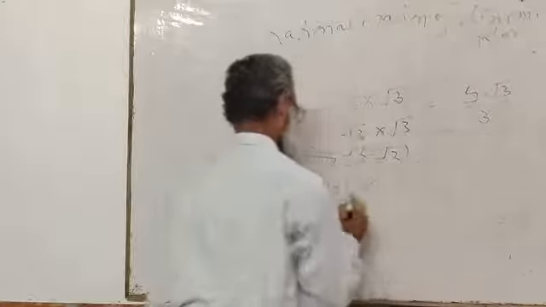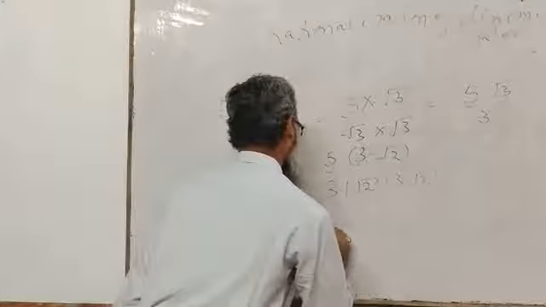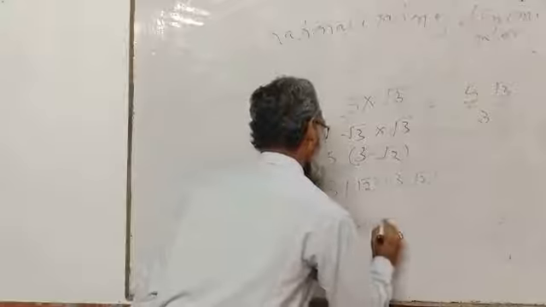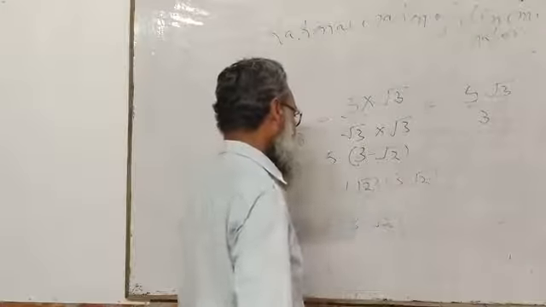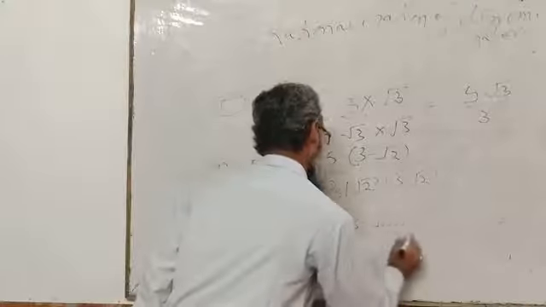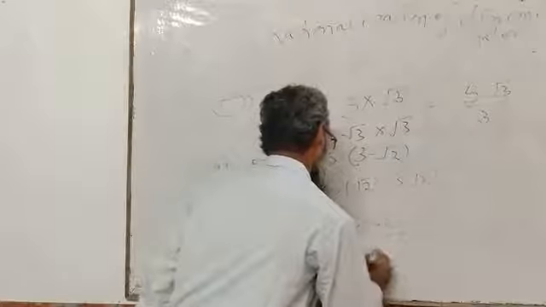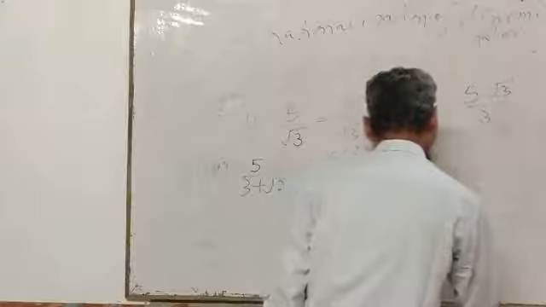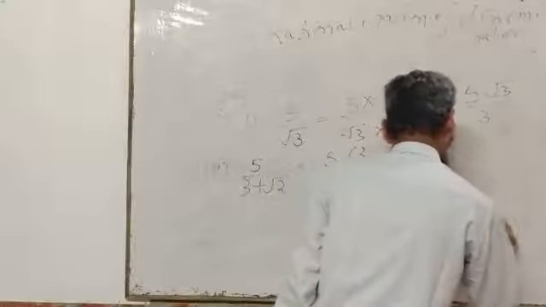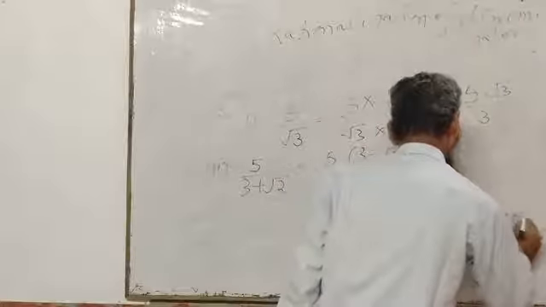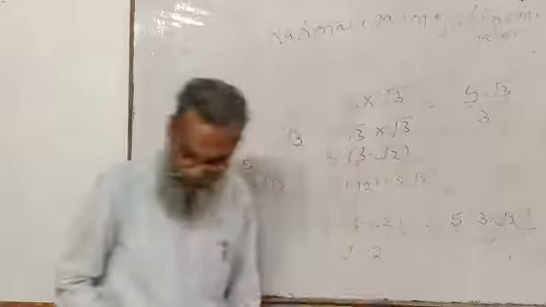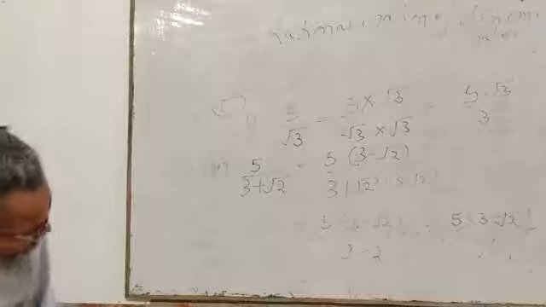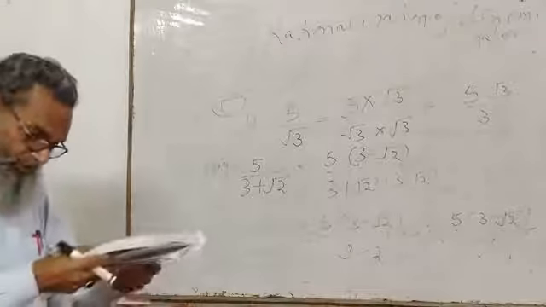What do you get here? Using a square minus b square, 3 square is 9 minus root 2 square, which is 2. So you have got 5 times (3 minus root 2) upon 7.